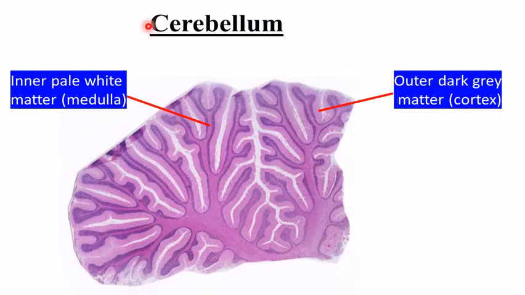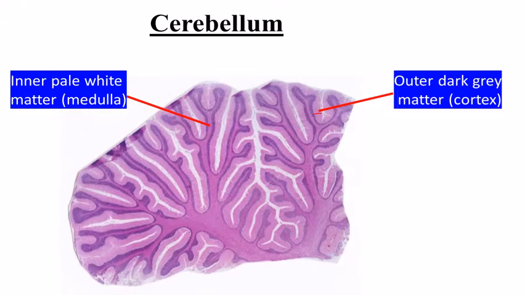Here, dear students, is the cerebellum. It appears folded. These folds are called the folia. Each folium is formed of outer dark gray matter called the cortex. Where, dear students? Here.